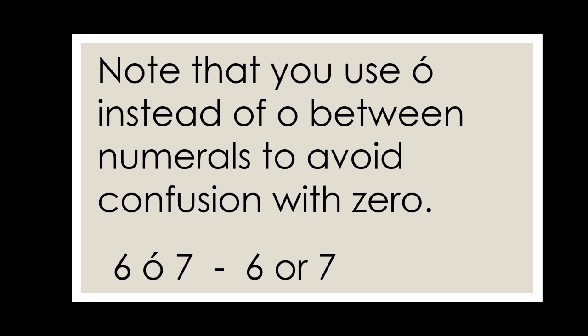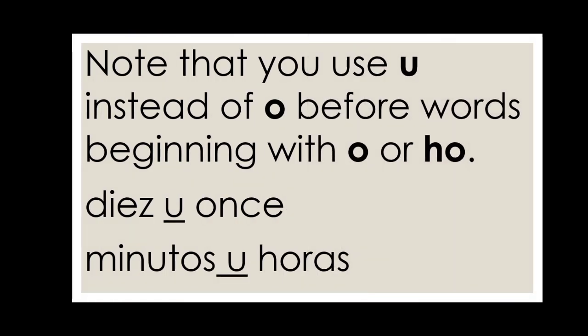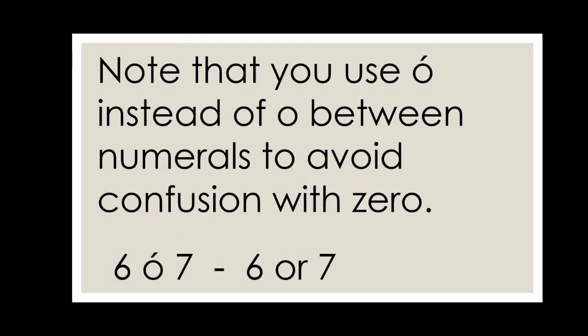Elige uno u otro. So the pronunciation is the same. So we use u instead of o when the next word starts with o. For numerals we use ó with an accent.